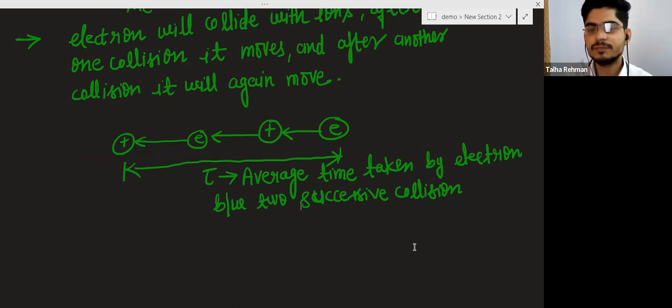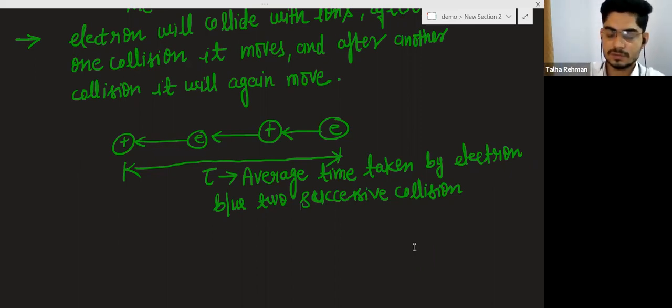If you know momentum, I will say there is a change in the velocity of the electron. If you don't know momentum, I am saying that the velocity of the electron will definitely change. You can imagine this: if you are going and you collide with some person, your velocity will also change.